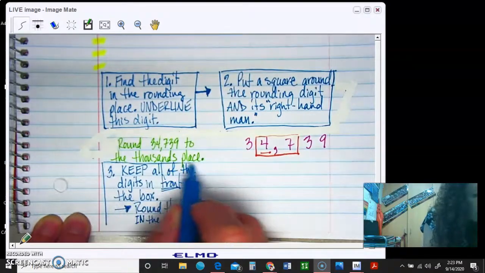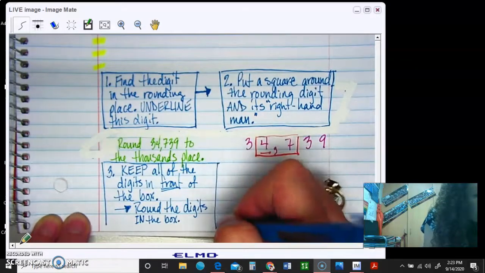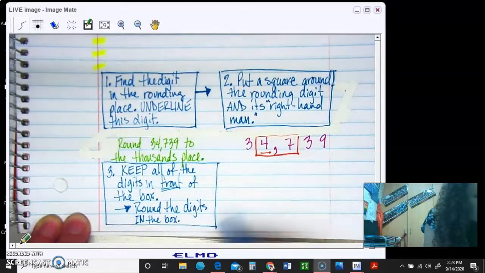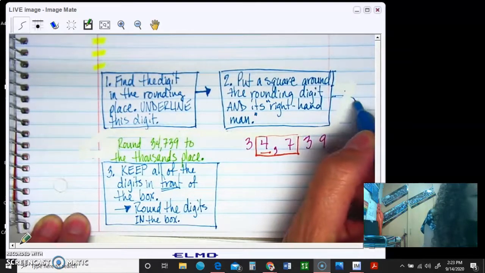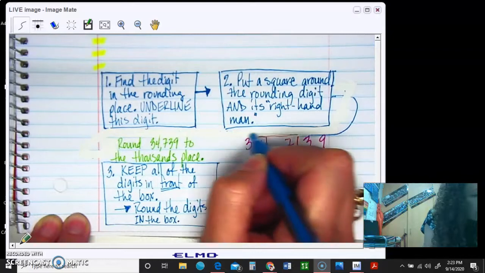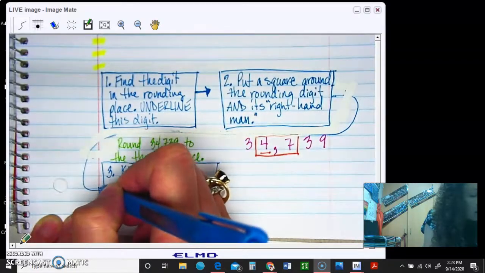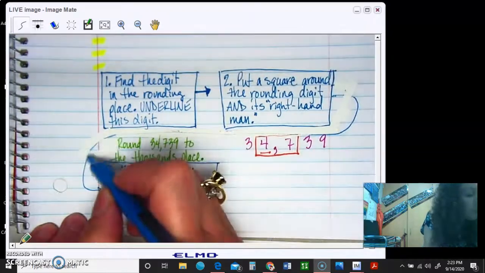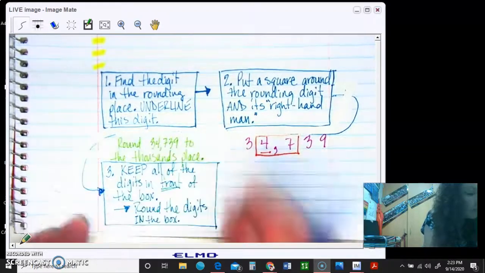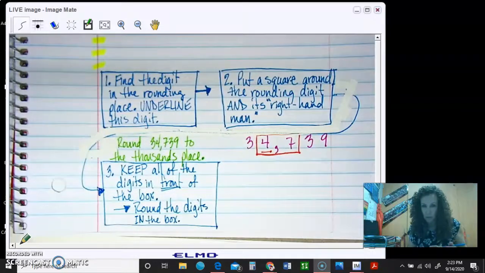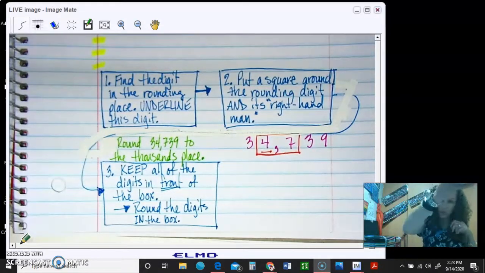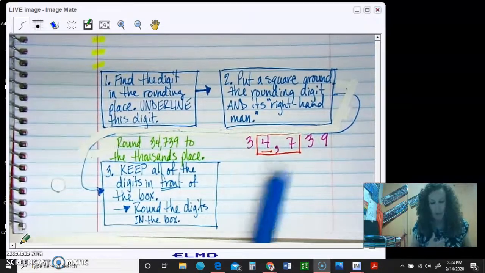Am I putting a dog in a box? No, it's a figure of speech. Okay, so I'm going to take this, and there's the third one. Okay, so there you can see it. It shouldn't be blurry. So I've put the box around there, okay?